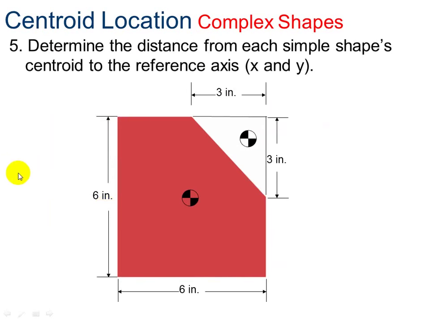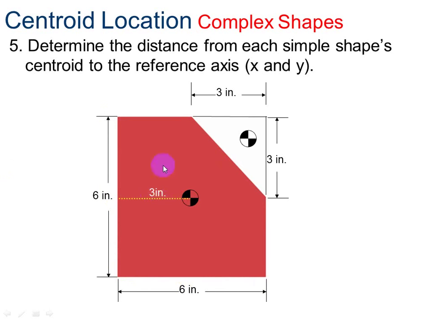So let's determine the distance from each simple shape centroid to the reference axis. I'm going to put my reference axis right here and right here. So I need to know how far it is across here. It's going to be half of this base, which is 3.